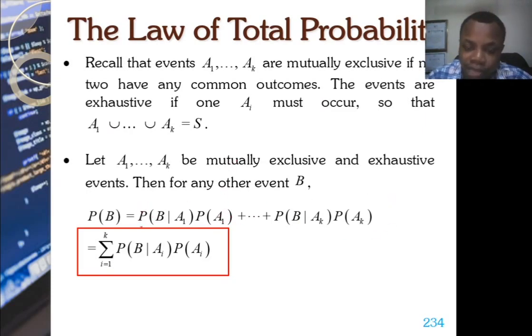Because this is a summation, all this could be represented as a summation of the probabilities for B given Ai times the probability of Ai, with i running from 1 to the last event, that is K. So let's see how this law of total probability works. After that, we transfer that knowledge to the Bayes theorem.